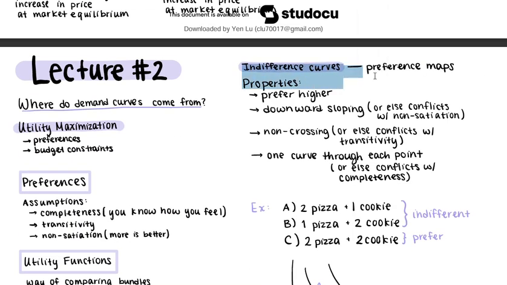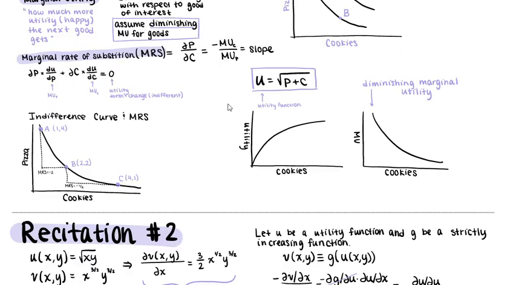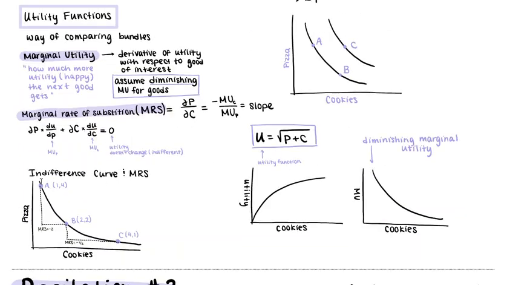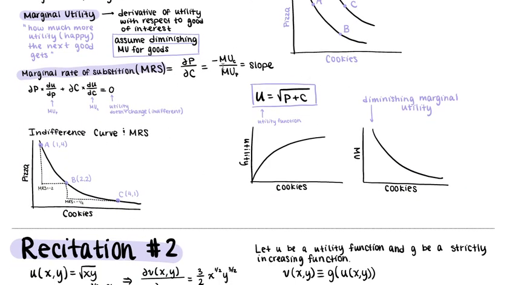And the indifference curve maps our preferences. The marginal rate of substitution, also called MRS, is the slope of the indifference curve. It equals negative dP over dC, and it's negative because the indifference curve is always downward sloping. It's the marginal utility of cookie divided by the marginal utility of pizza.